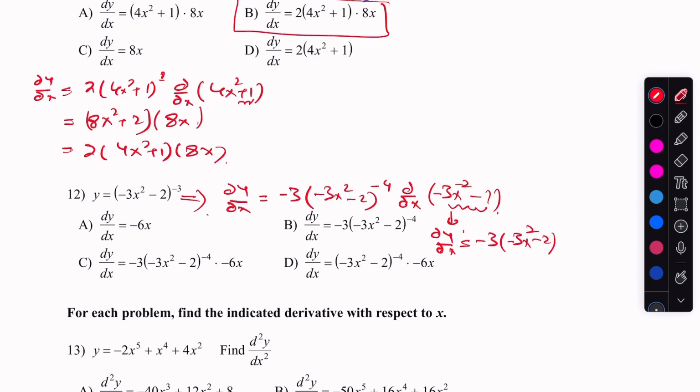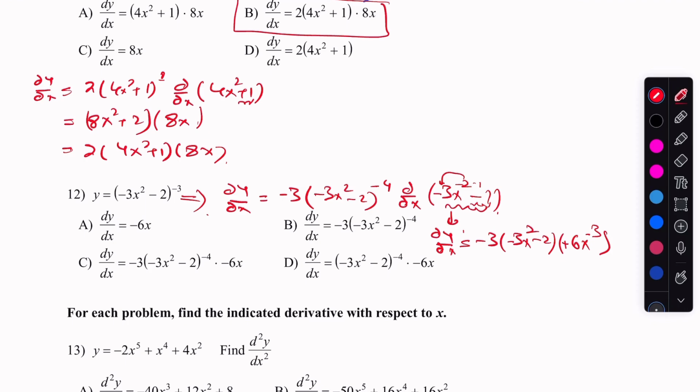So what is the derivative of this? This negative 2 will multiply with this. Negative 3 multiplied by negative 2 is plus 6. And negative 2 minus 1 then will become negative 3, and 1 has a derivative 0.